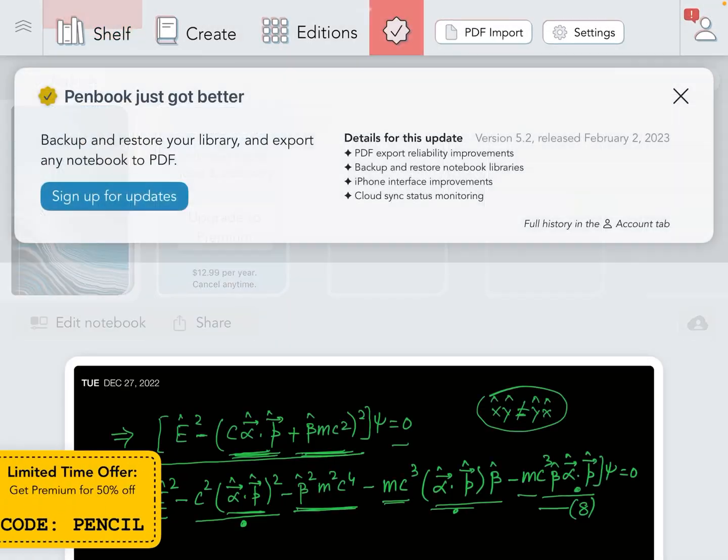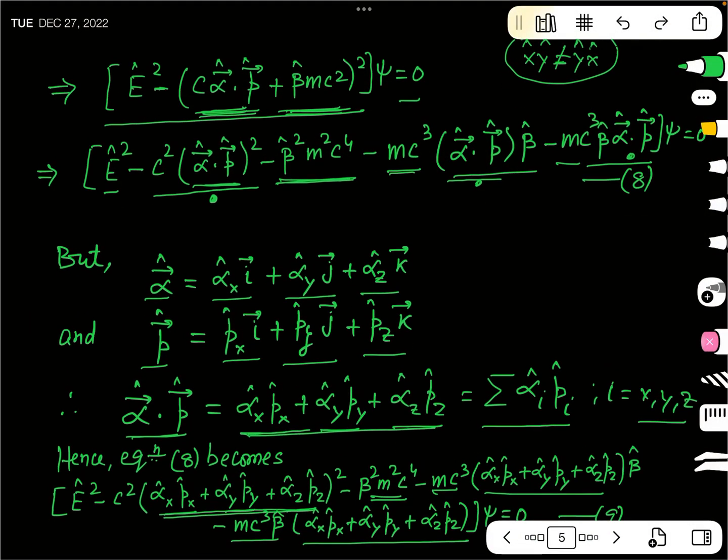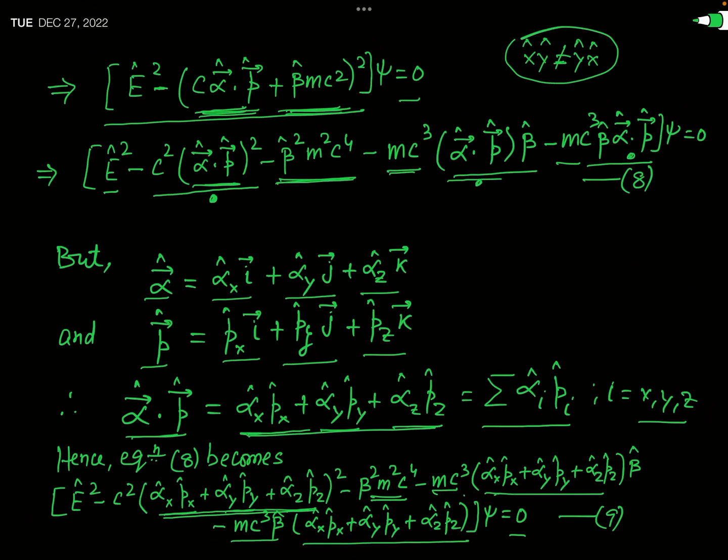The page has been turned, but this will be okay, don't worry. Now see, the result is mc cube alpha x px plus alpha y py plus alpha z pz beta.